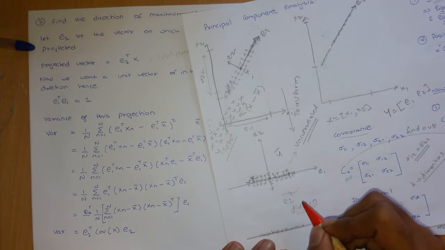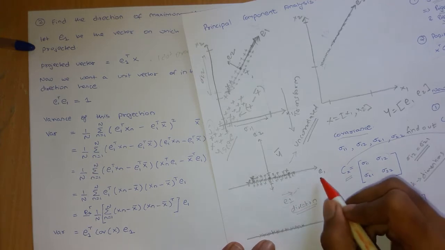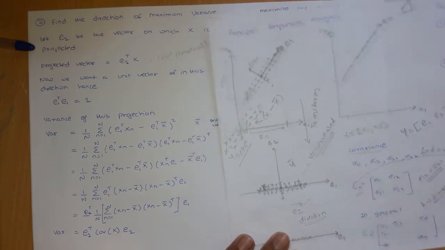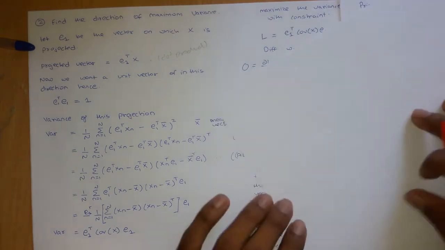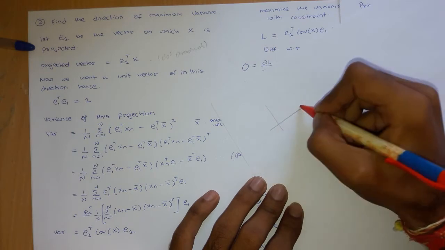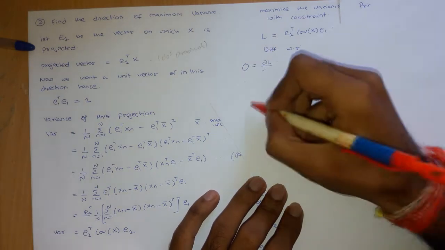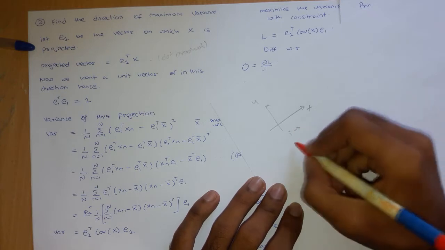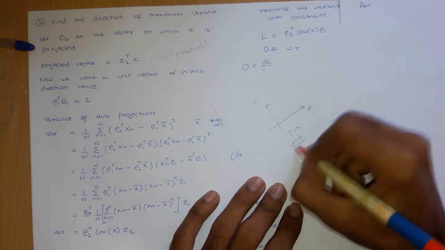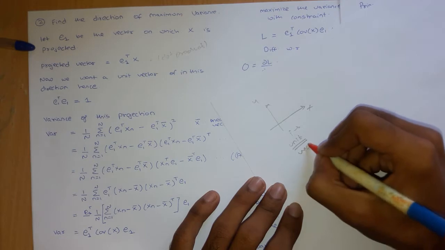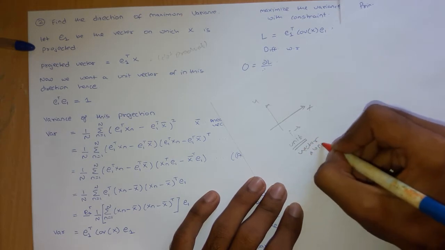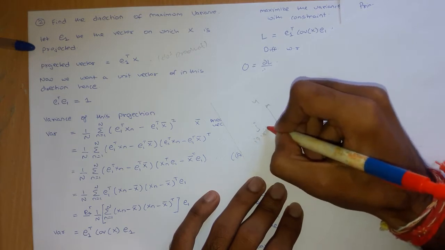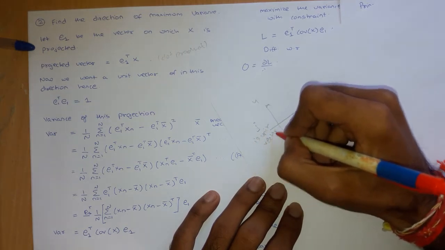So in vectors, suppose there is a vector space, some x-y. We say i is a unit vector along x. It is a unit vector, this is important. Similarly, j is a unit vector along y.